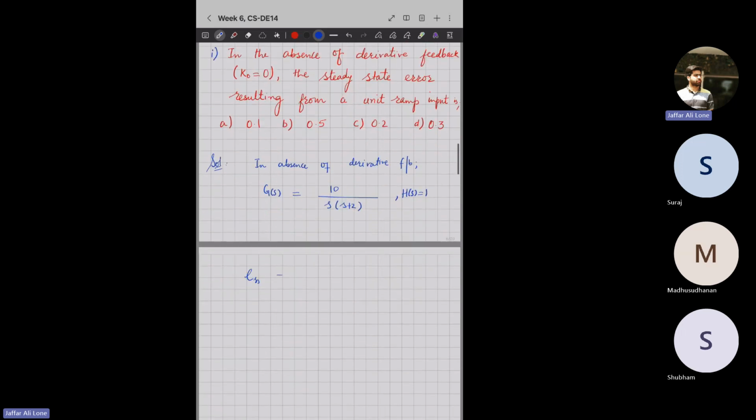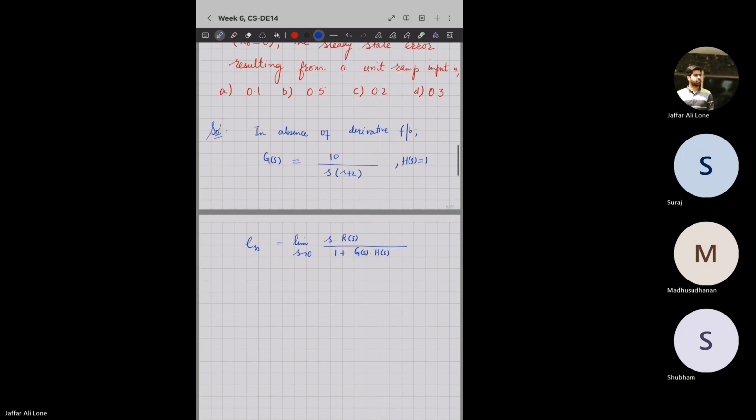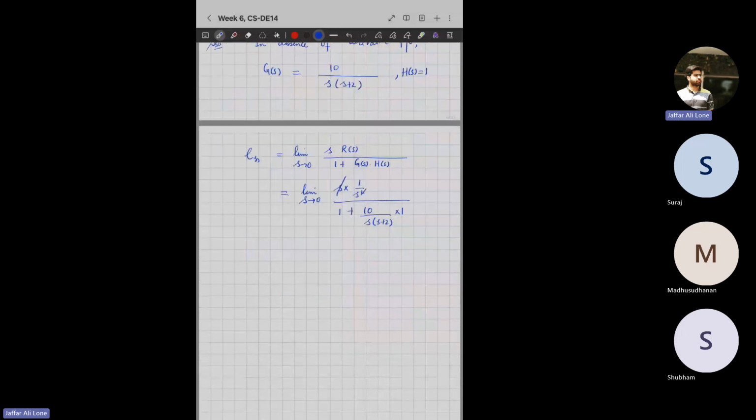Our steady state error is limit s tends to 0, s into R(s) divided by 1 plus G(s)H(s), which is equal to limit s tends to 0, s into 1 by s square, because we have a ramp input. 1 plus, what is G(s)? 10 divided by s into (s plus 2) into 1. H(s) is 1. Let's simplify it a bit. So this s and 1s goes.